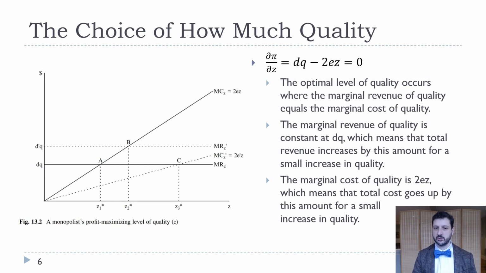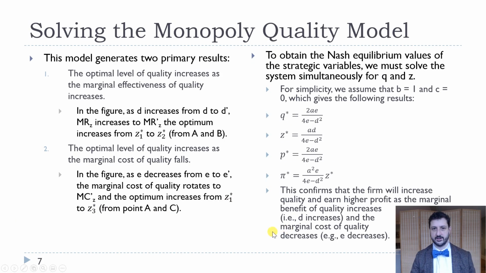So if it gets cheaper to produce quality, then the marginal cost curve will shift, or not so much shift as rotate down, and we'll produce at point C and we'll have more quality as well. And so either if people want more quality and are willing to pay for it, or if quality gets cheaper, then we're going to produce more quality. So that's not too surprising there.